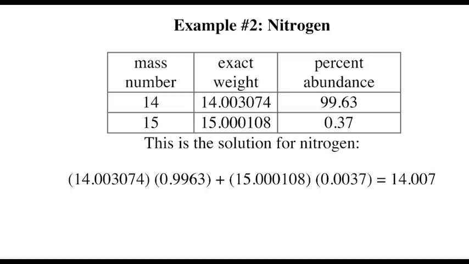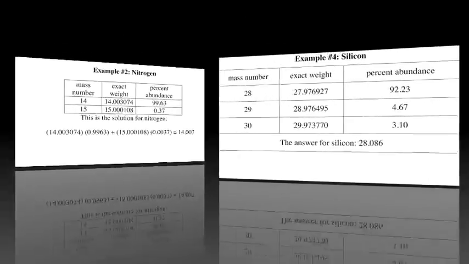But for nitrogen 15, the exact weight is 15.000108 grams and the percent abundance is 0.37%. So what you do is multiply the exact weight by the percent abundance for both and then add them together, which gives you 14.007 grams, which is the average atomic mass for nitrogen.